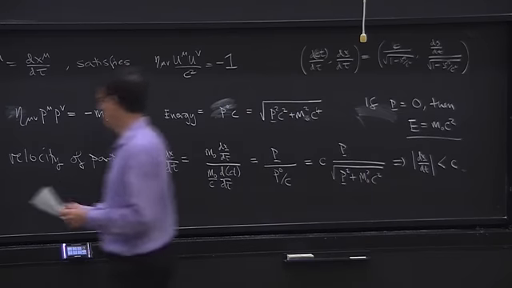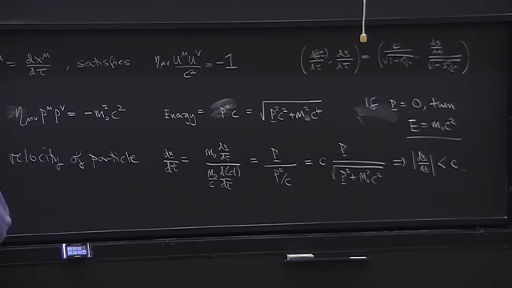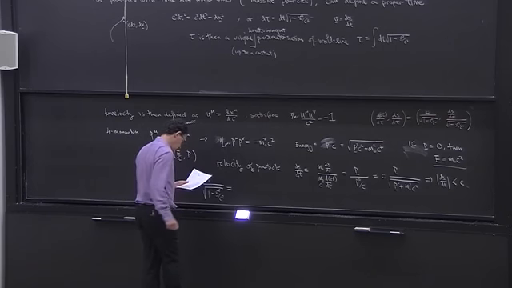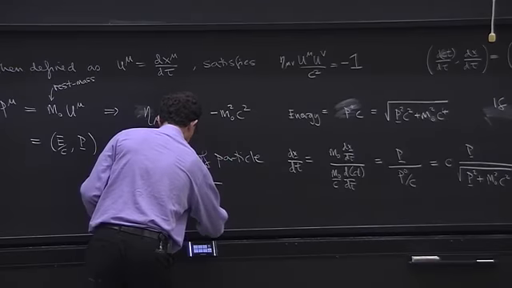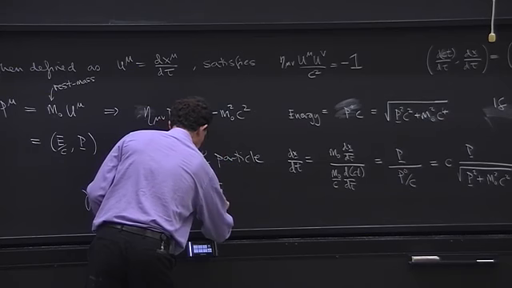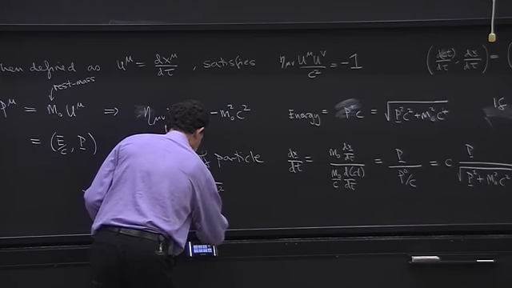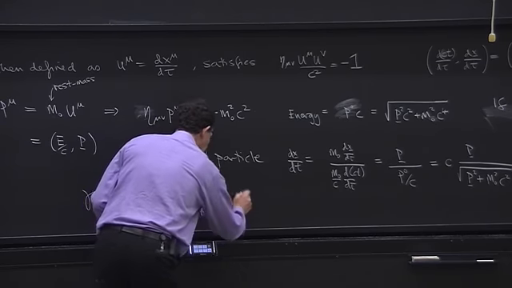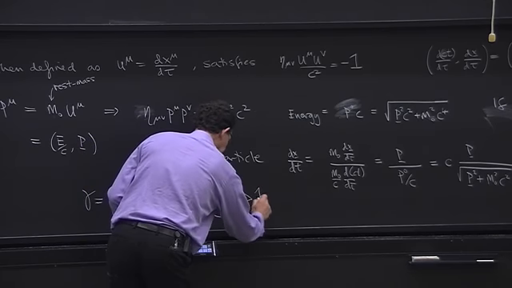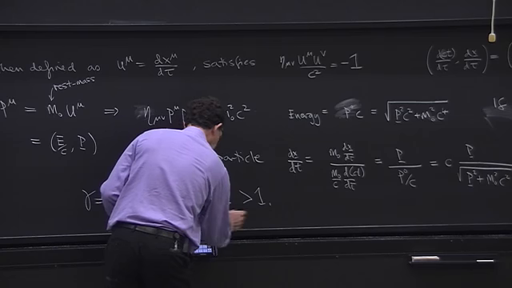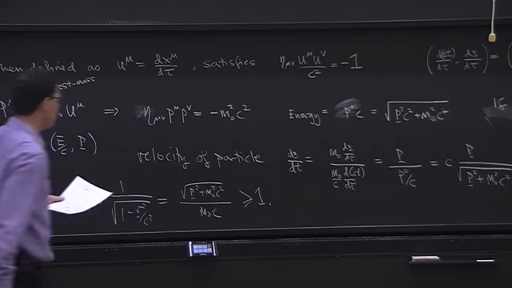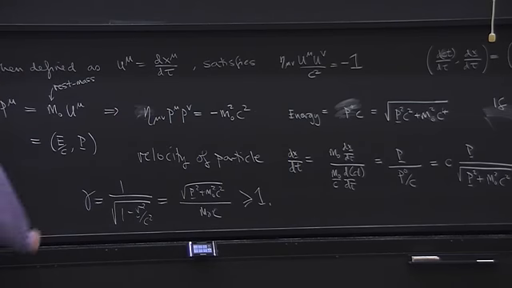Furthermore, gamma, which was 1 over root 1 minus v squared over c squared, is equal to the square root of p squared plus m naught squared c squared, divided by m naught c, and this is bigger than or equal to 1, and it's equal to 1 if the momentum is 0.